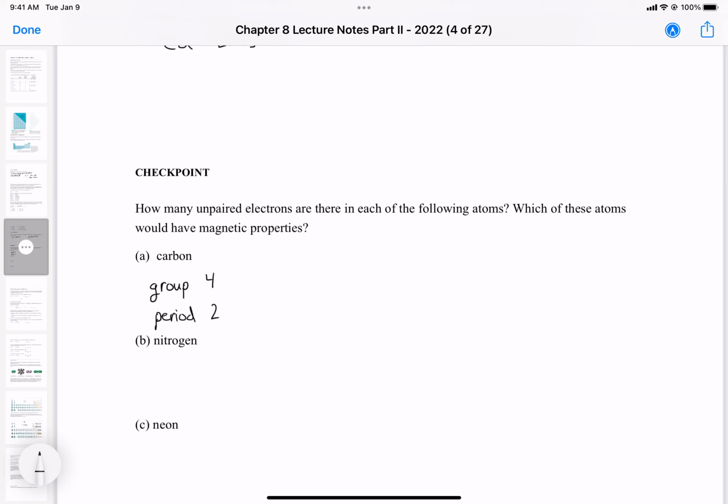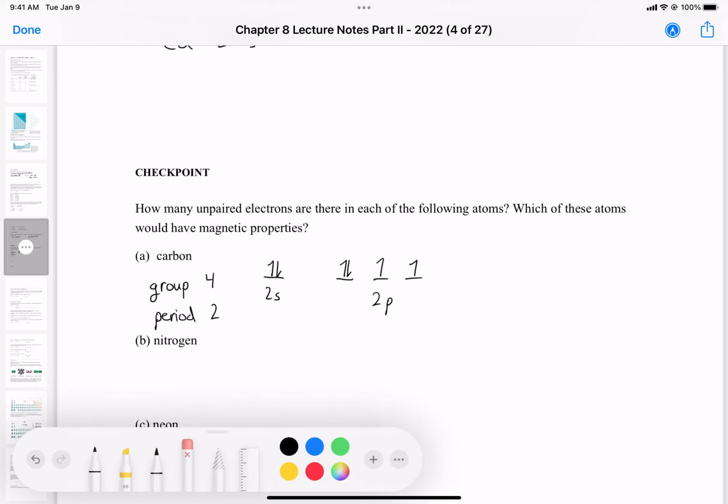So carbon would have a 2s and then some 2p orbitals. So we're going to fill up the 2s first. And then here's the 2p. And when we fill out the 2p orbitals, we're going to maximize the spins first in each orbital, then pair them up. So that's called Hund's rule. Well, actually, now I've added too many electrons.